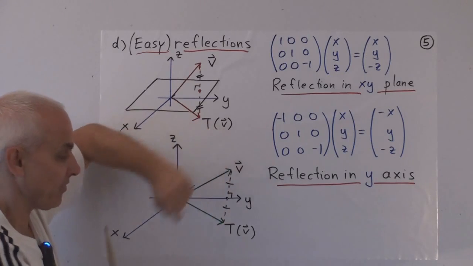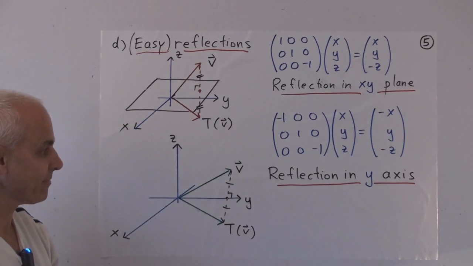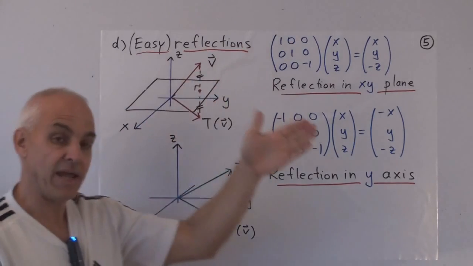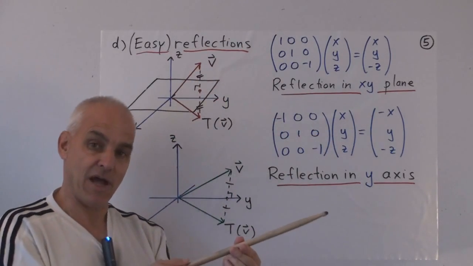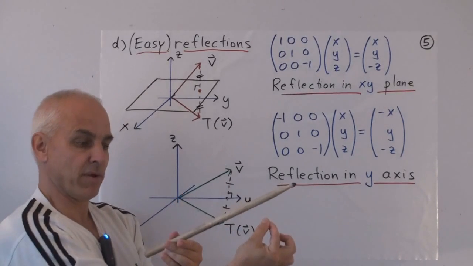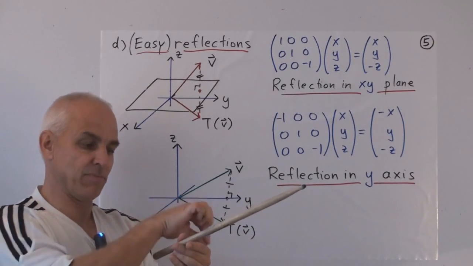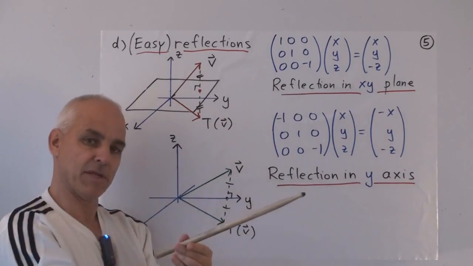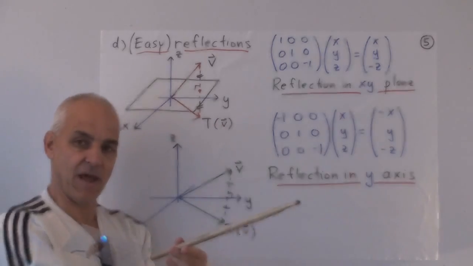That's another way of saying what the reflection does. So we have reflections in planes, and we also have reflections in lines. And so if this is a line, then the image of this point would be this point. The image of this point would be this point. The image of this point will be this point. We're just reflecting everything in the line.